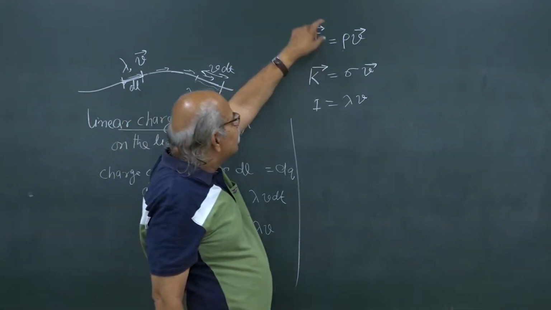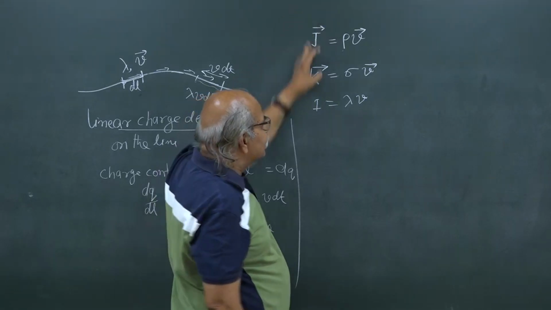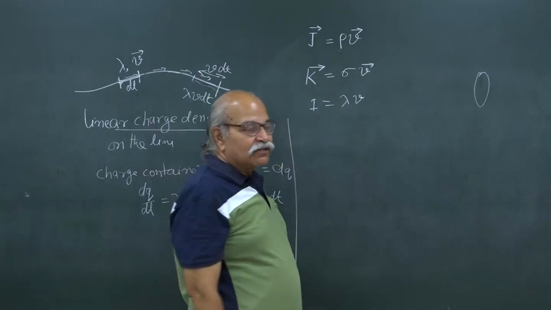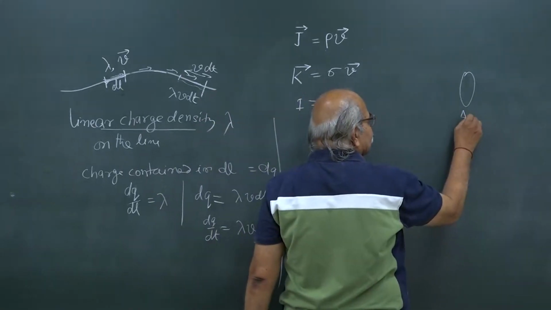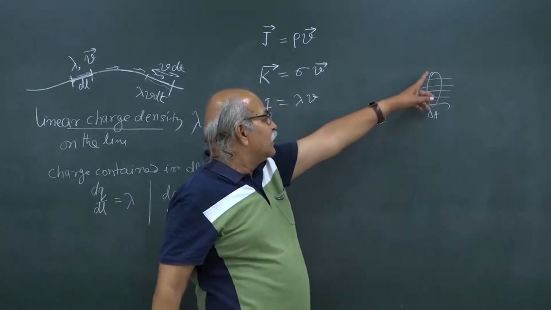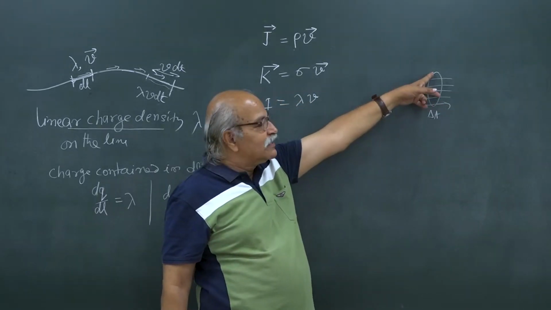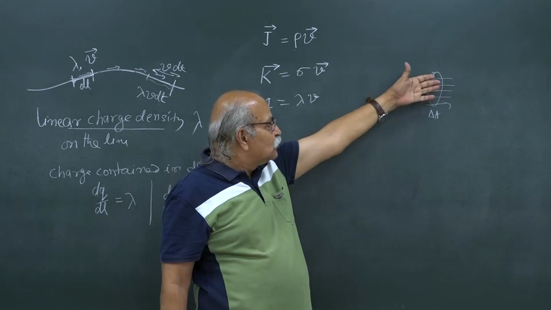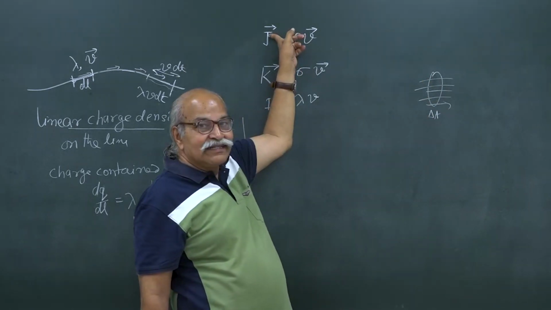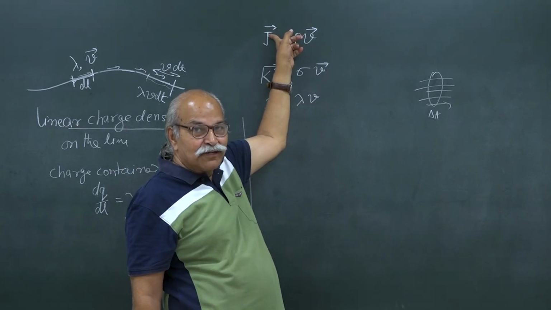Here, when we defined the volume current density, we had a cross section, an area, and we asked how much current is going through this area, and then we divided by delta A, current going through per unit area. That is how current density is defined in the case of volume.